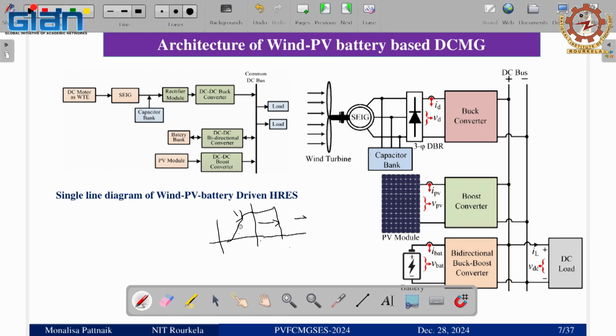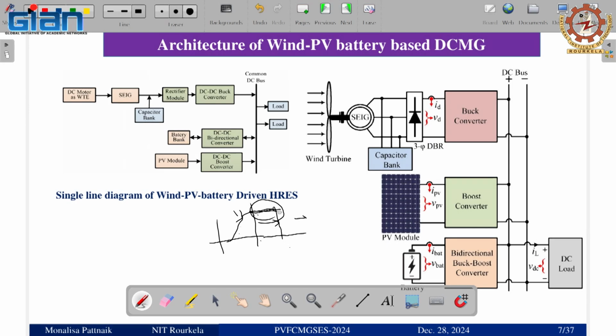We are focusing on this MPP zone and then the pitch control mode, where by increasing the pitch angle of the wind turbine, we are limiting the wind power to its rated value. So what is the rated value? It depends on the turbine rating, the generator maximum rating of the generator.